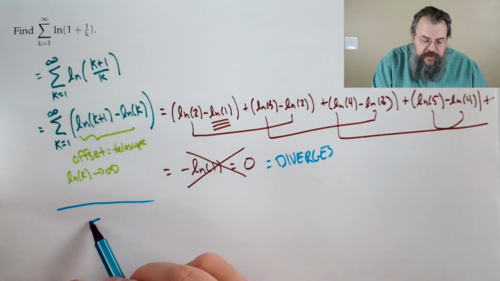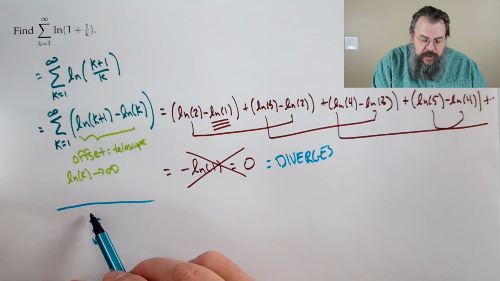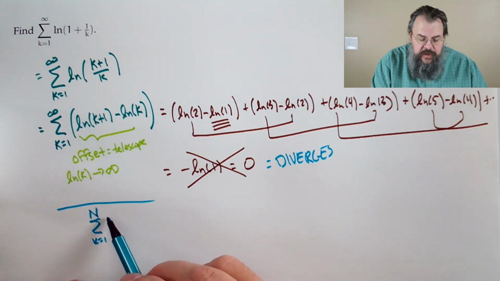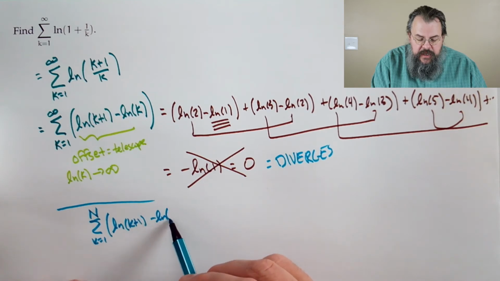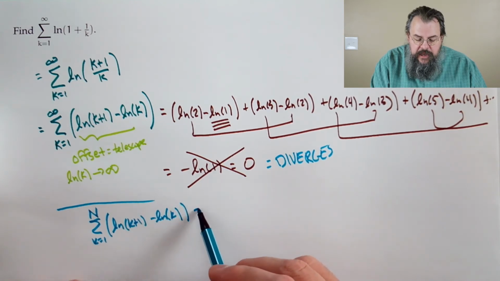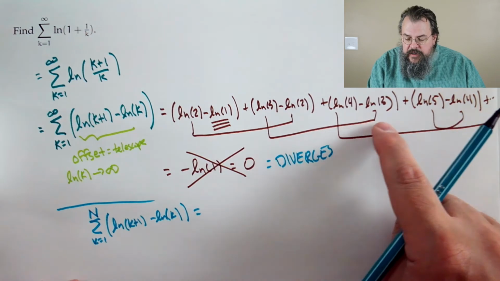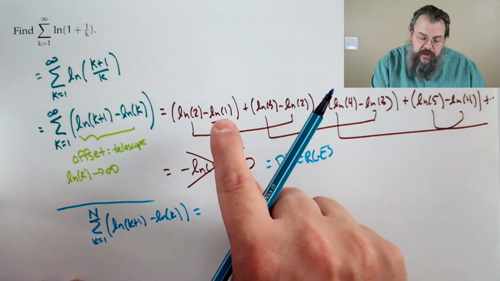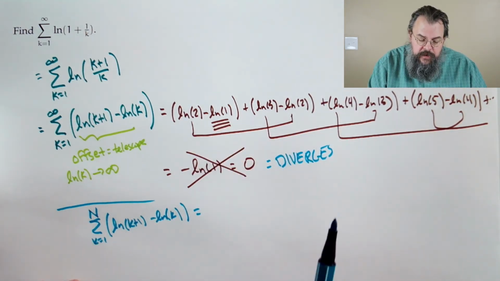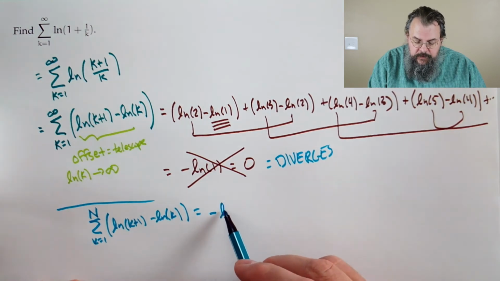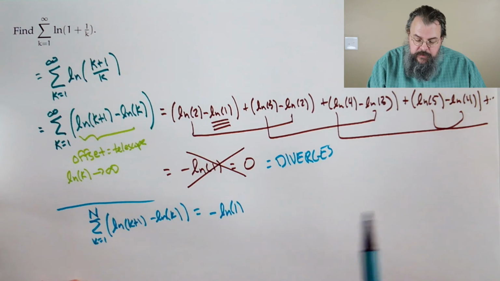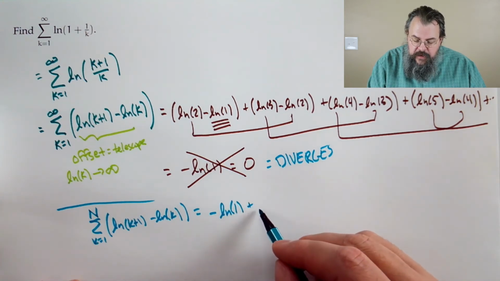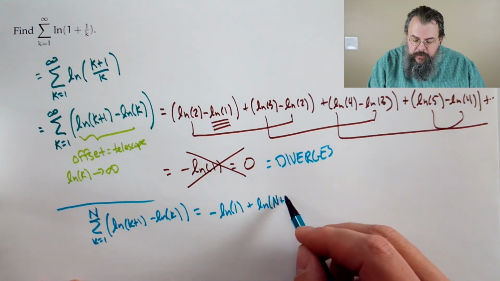So if you look at this sum from k equals 1 up to some stopping point of this expression, well, what will end up happening is that you get lots of cancellation, just what you see here. What doesn't cancel is the minus log 1 from the first term and the last term, which would have plus natural log of n plus 1.